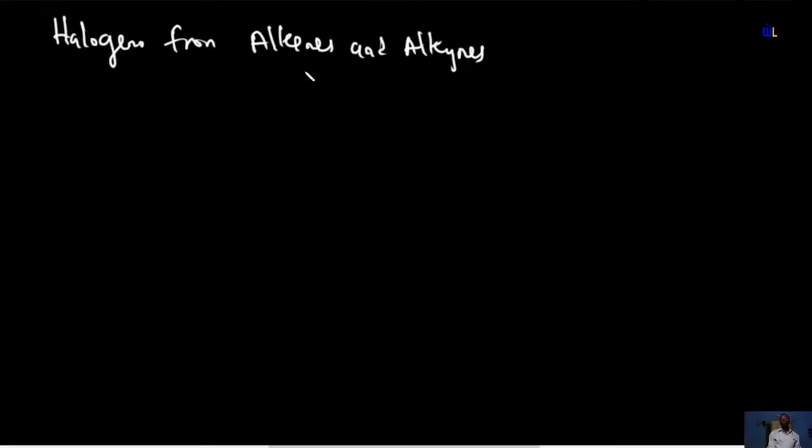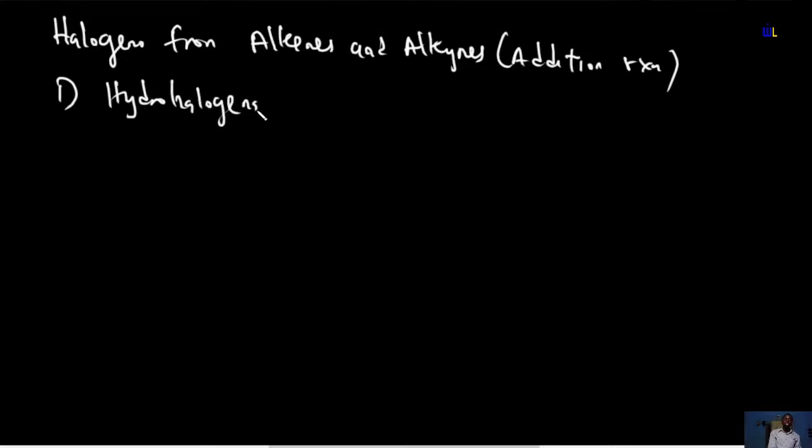So halogeno compounds from alkenes and alkynes, and we said that it's produced from an addition reaction. And the first reaction we considered is hydrohalogenation. Then the second one we considered is what we refer to as your halogenation reaction.